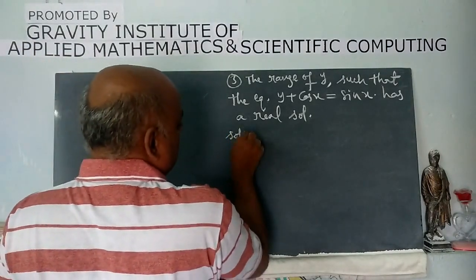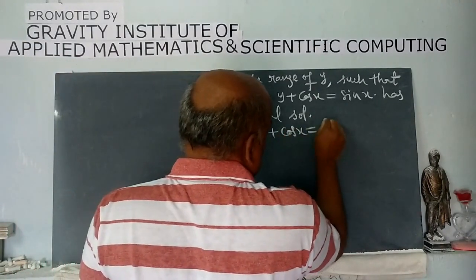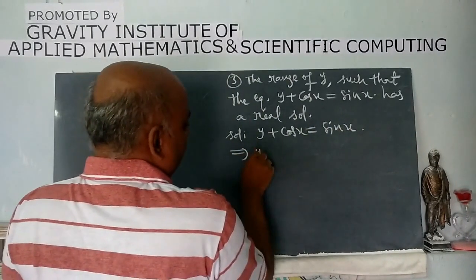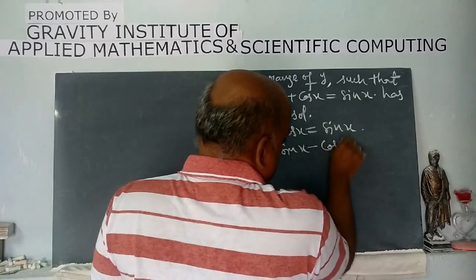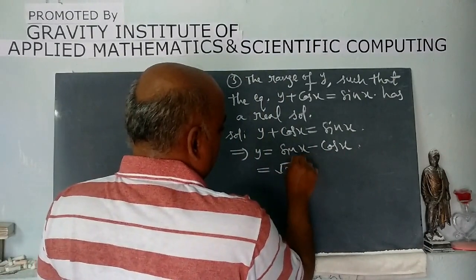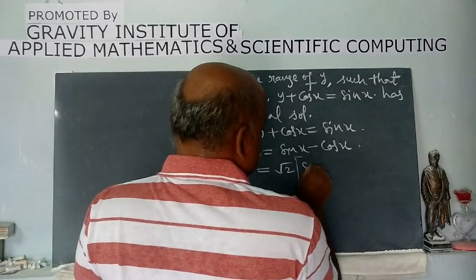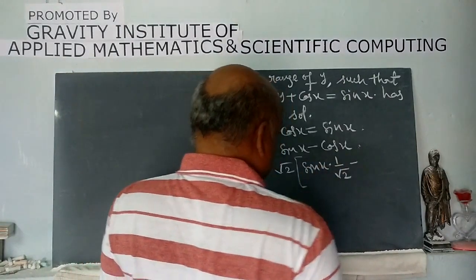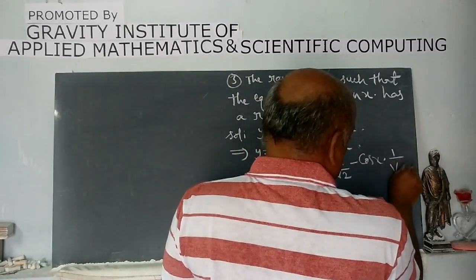Solution. y plus cos x is equal to sin x. This implies y is equal to sin x minus cos x. This is equal to, multiplying and dividing by root 2, sin x into 1 by root 2 minus cos x into 1 by root 2.